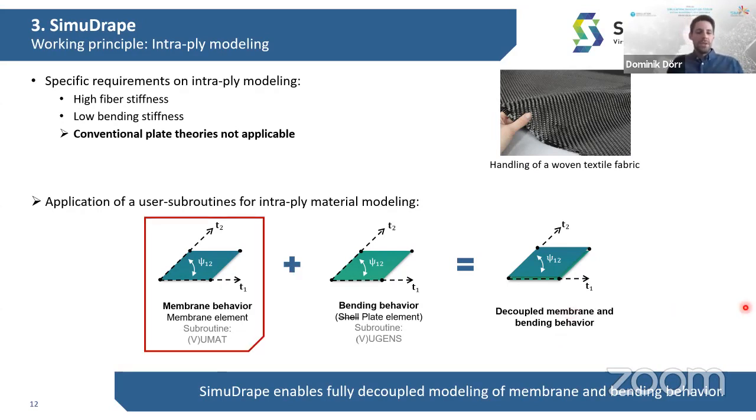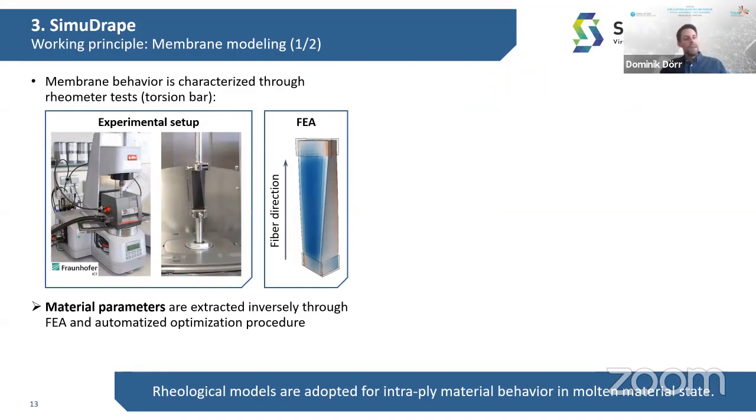Now, having a closer look into membrane behavior, I'd like to begin with how membrane behavior is usually characterized. We are talking again here about a thermoplastic prepreg. So what we have to do is to characterize material behavior at processing conditions, and this means that the thermoplastic has to be fully molten. For this purpose, we are using a standard rheometer with a thermal chamber.